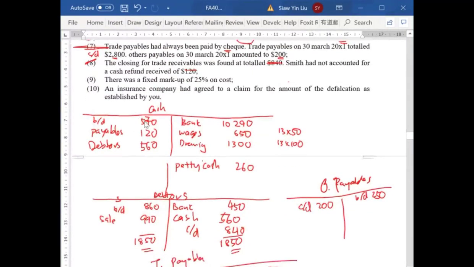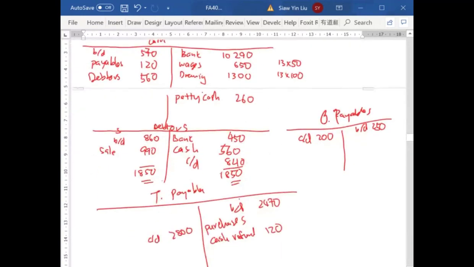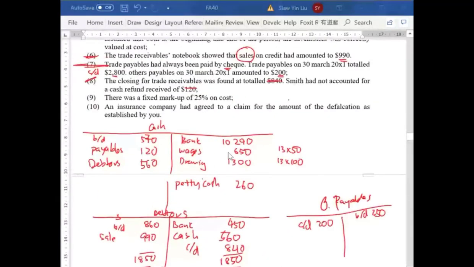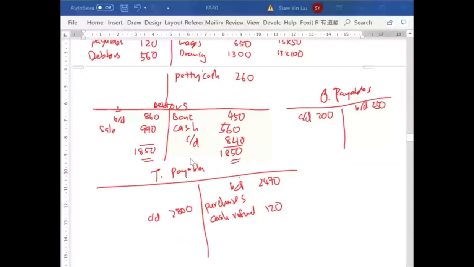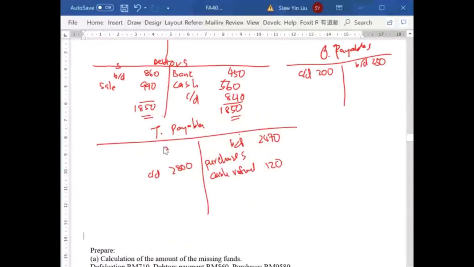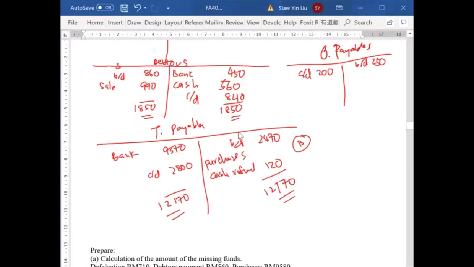Markup, nothing. Okay, so if you look at this, in your bank account here we have a trade payable 9370. Okay, 9370. This is bank. So this one is a balancing figure. Are you okay? So here, if you total up, it is 12170, it should be 12170, right? If you minus 12170 minus this, you should get 9580.